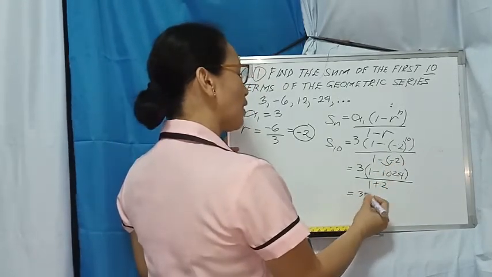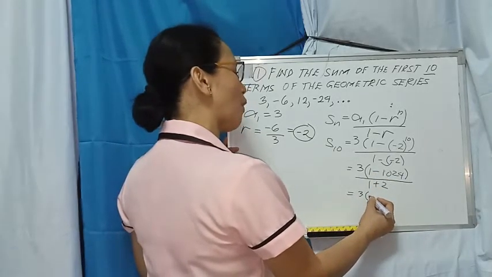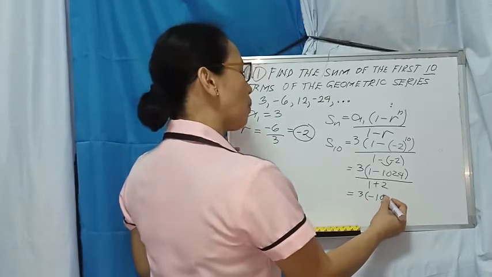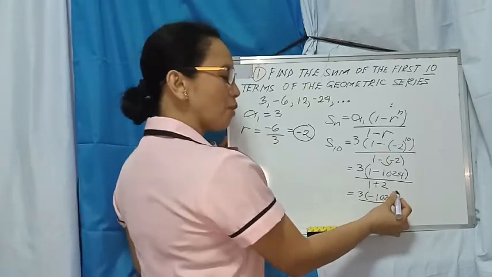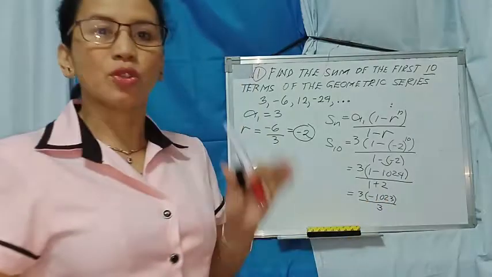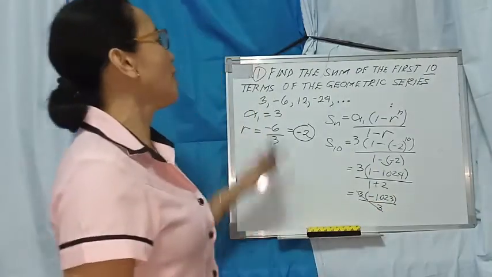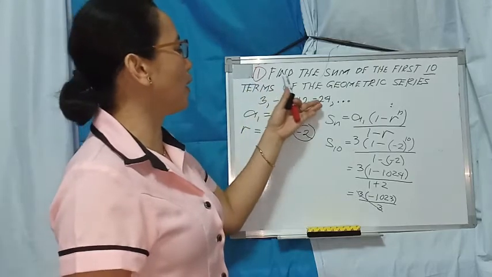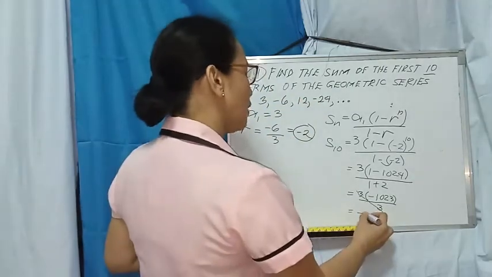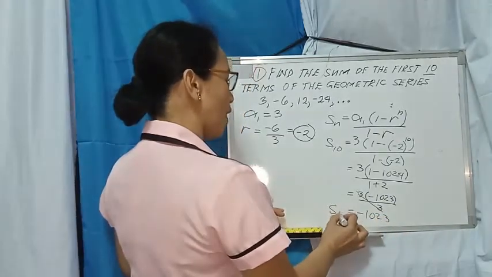So we have here 3, then 1 minus 1,024, the answer is -1,023, all over 1 plus 2, that is 3. So we cancel 3. So the sum of the first 10 terms of the geometric series 3, -6, 12, and -24 is -1,023. So this is the S sub 10.